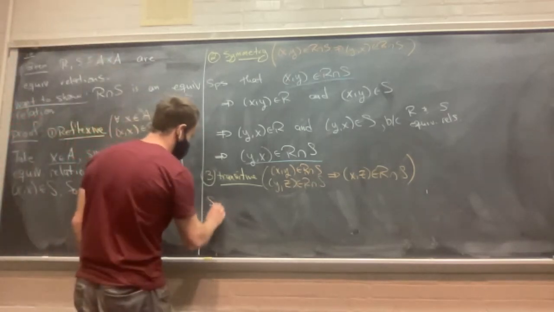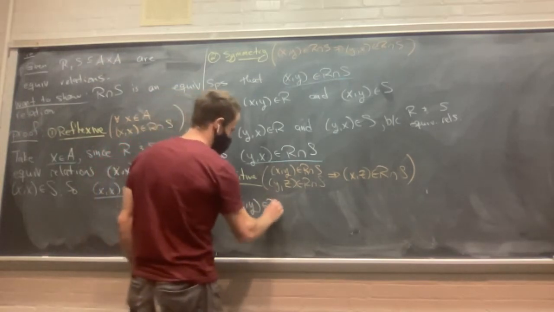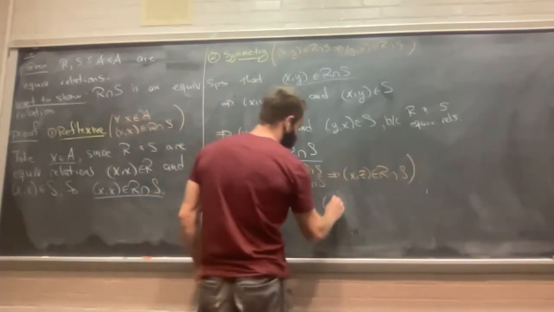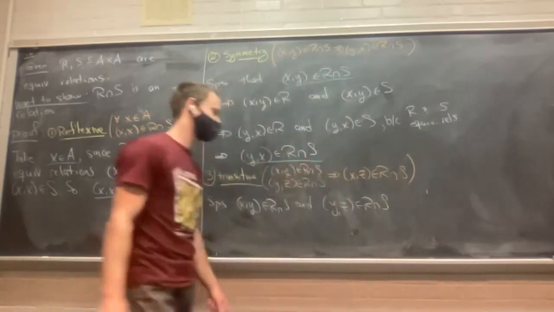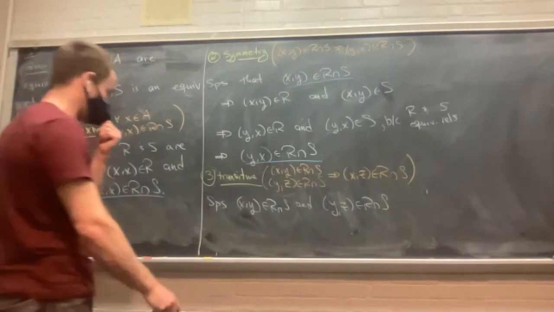So let's suppose that (x, y) is in R intersect S and (y, z) is in R intersect S. But then by the definition of intersection, we can rip these apart.